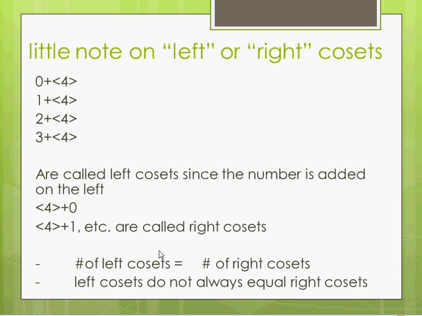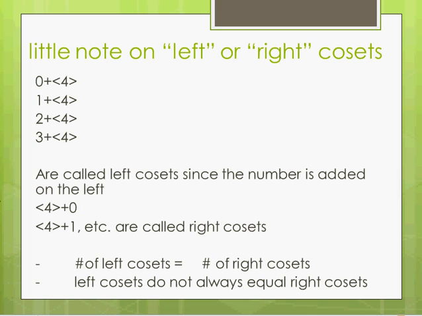A little note on left and right cosets. When they say left cosets, all they're talking about is the number that you add on the left, or in generic algebraic terms, the element that you multiply the set by on the left.